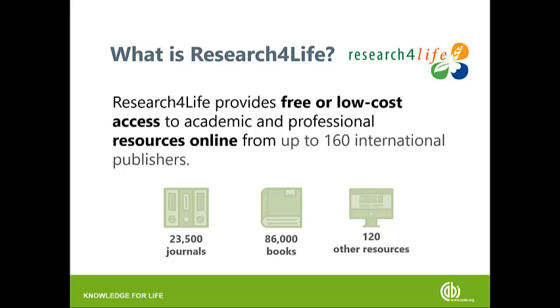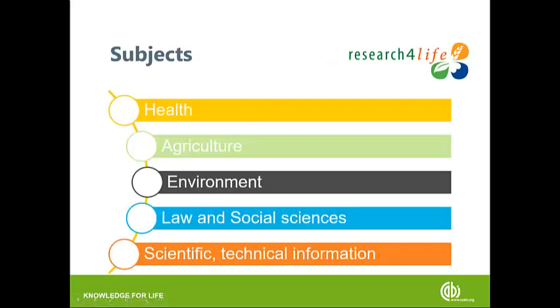We have at the moment around 23,000 journals, 86,000 books, and about 120 other resources, meaning databases and reference tools and other resources, including CABI Abstracts. That's why we are presenting to you. What are the subjects we are offering? The main subjects are health, agriculture, environment, law and social sciences, but also scientific and technical information.